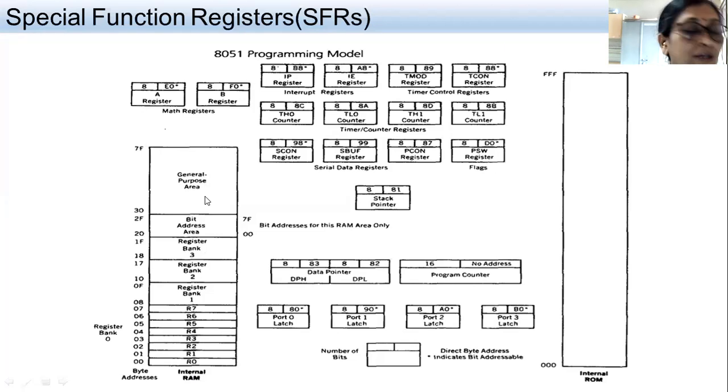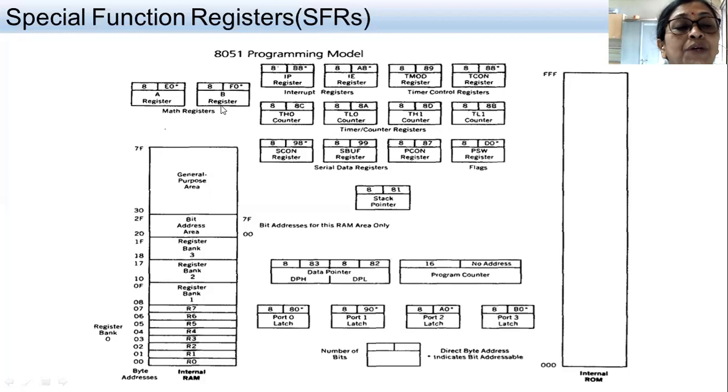So here what you can observe on the screen, there are math registers. Register A and register B are called math registers. Each of them is 8-bit wide, and the address related to register A is E0 and that of register B is F0.